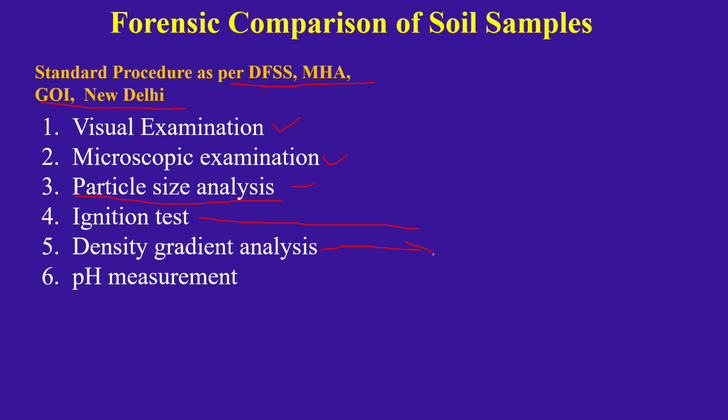If the soil samples are similar, the samples should have similar density. This is a very sensitive technique. And another is the pH meter measurement: we should measure the pH value of both soil samples.